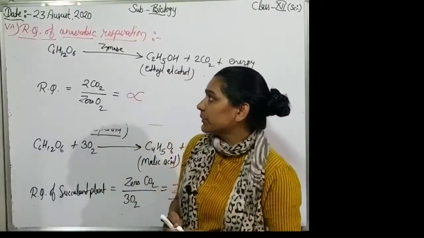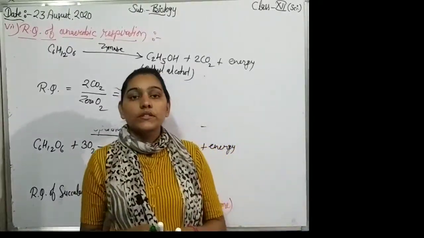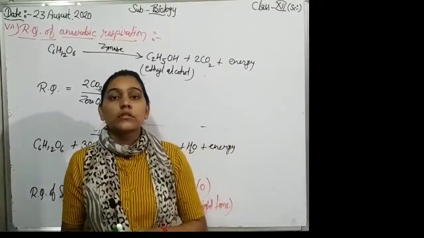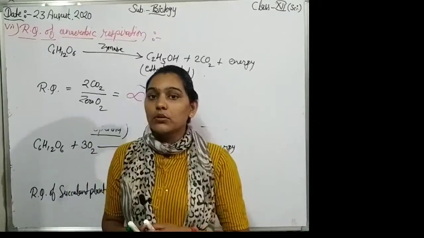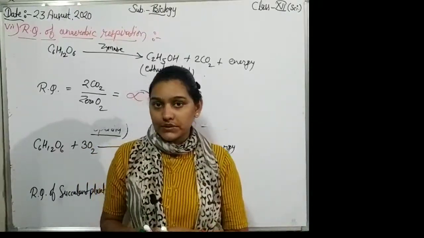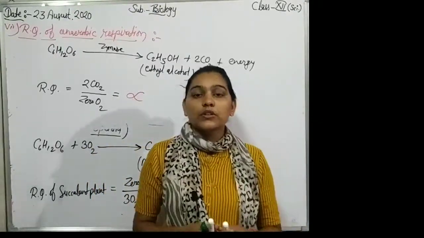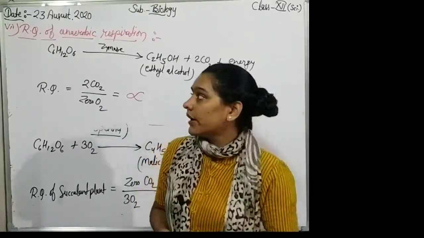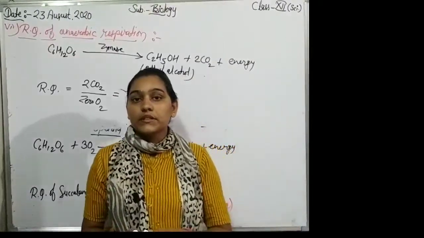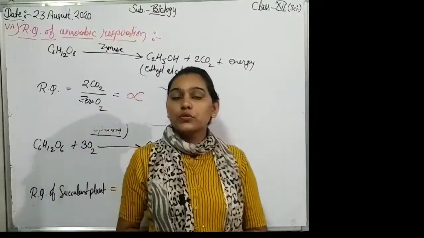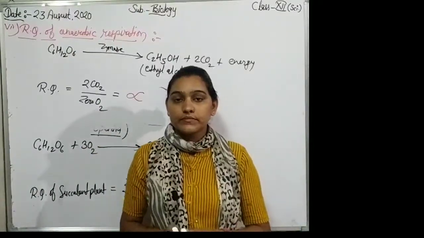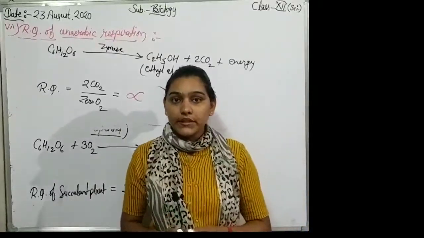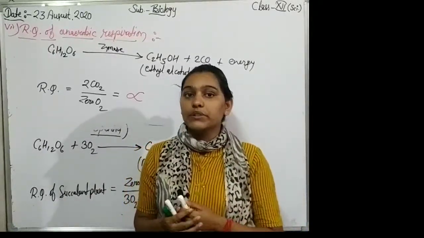And RQ of succulent plants is 0 during night time because complete oxidation of malic acid cannot take place, but during daytime RQ of succulent plants is 1.33, and RQ of anaerobic respiration is infinite due to absence of oxygen molecules. Okay, now the respiratory quotient topic has been completed and it is an important topic of the respiration chapter.